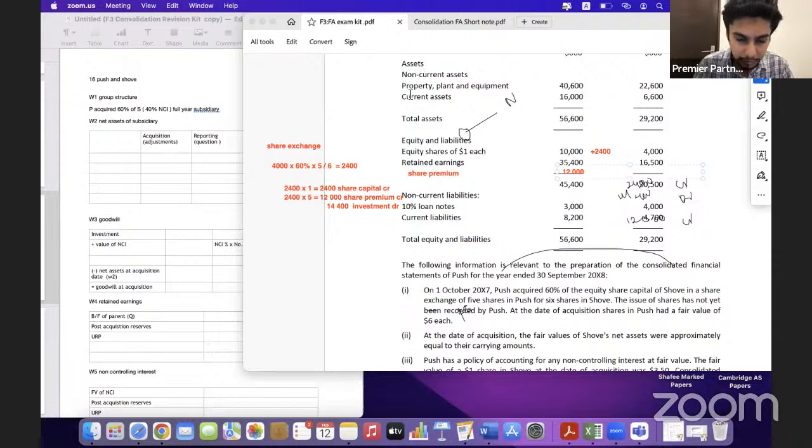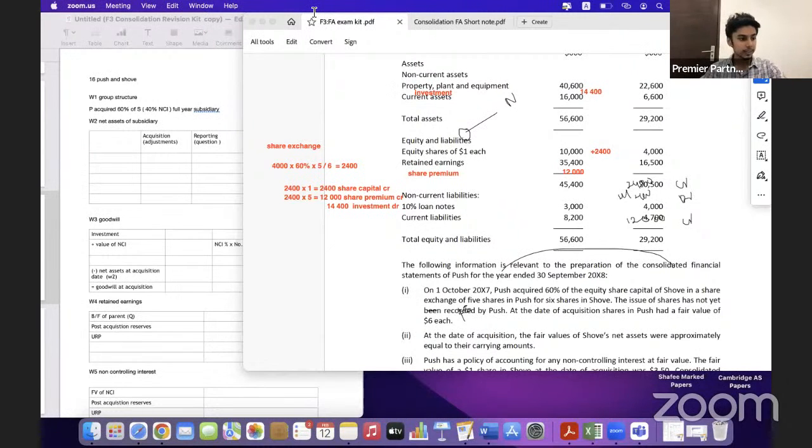Investment is a non-current asset, so I go to my non-current assets, below this I will write investment and mark 14,400. So investment will be between non-current and current assets. On the other hand, share capital credit adds to your shares; share premium credit is not there, so I have to create a new one. This is how the share exchange is to be done.